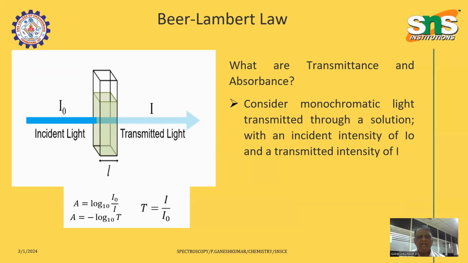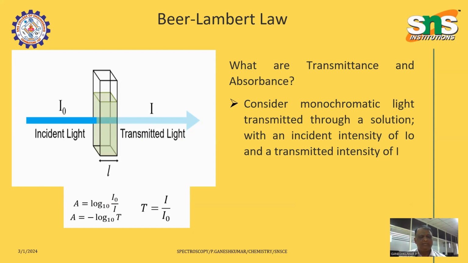Whatever incident light enters the sample, some part of it may get absorbed and the remaining light will be transmitted out, which we call I. And the length of the cuvette is represented as L. So what are transmission and absorption? Considering monochromatic light transmitted through a solution, some part can be absorbed by the solution and some part may be transmitted.